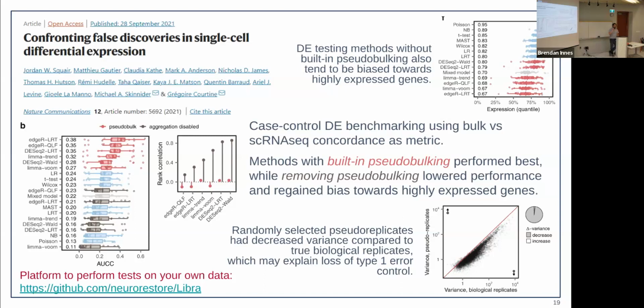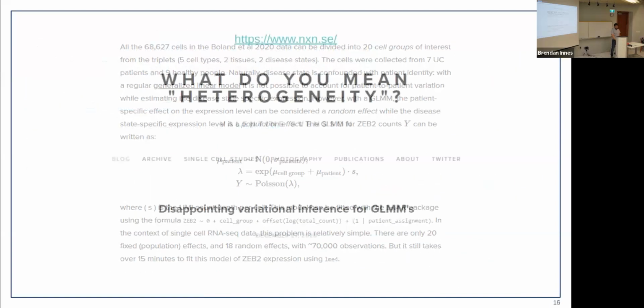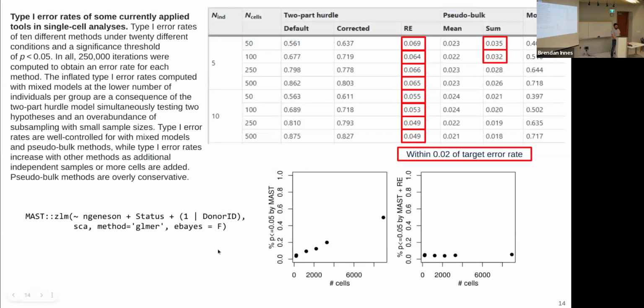I think I wouldn't go so far as to say that pseudo-replication bias is more of an issue in plate-based, because you're always going to have this problem, right?